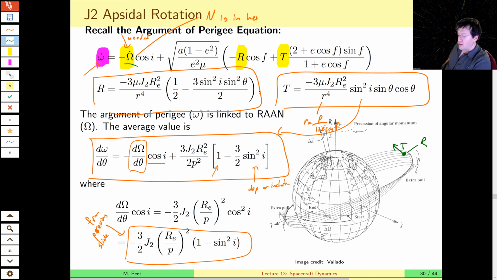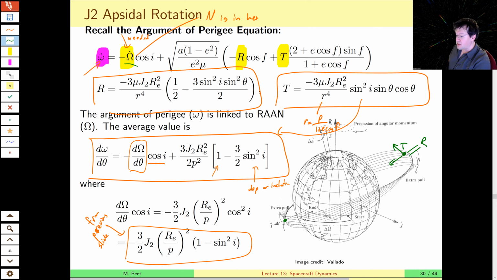So periapse, remember, is the point of closest approach. And so how do these forces affect it? Well, let's think about it. If R is positive, R is pulling you a little bit down, pulling you towards the center.